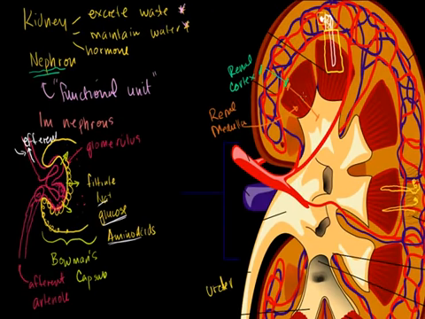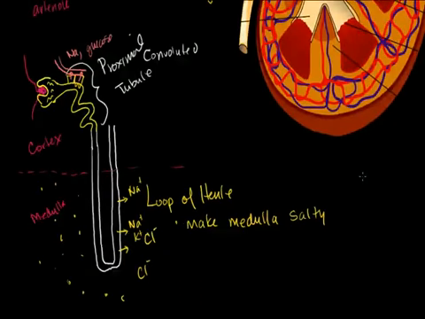All of this stuff requires ATP to actively pump against a concentration gradient. So this is salty. It's salty. And it's salty for a reason. It's not just to take back these salts from the filtrate, although that's part of the reason. But by making this salty, so this part, the ascending part, is only permeable to these salts and these ions. So only ions. It's not permeable to water.